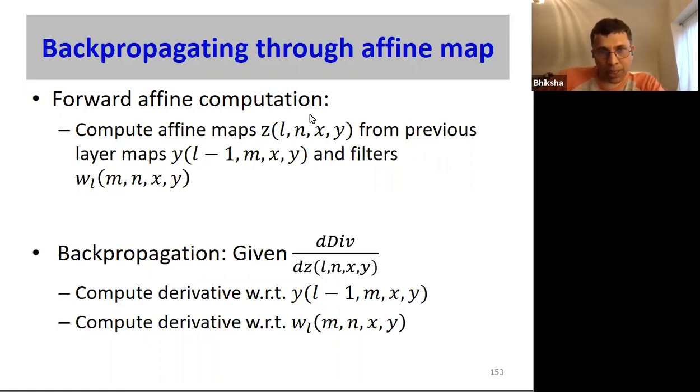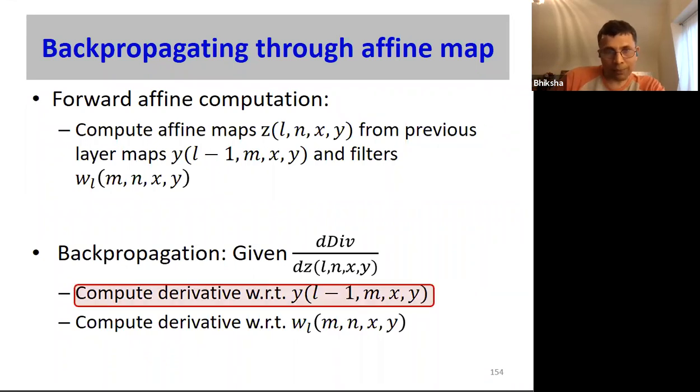So during backpropagation, given the derivatives with respect to every element of every affine map in the Lth layer, we must figure out how to compute the derivative for every element of every activation map in the L-1th layer. We must also figure out how to compute the derivative for every element of every filter, which is, again, just your scanning neuron for the Lth layer. So let's take a look at this first.